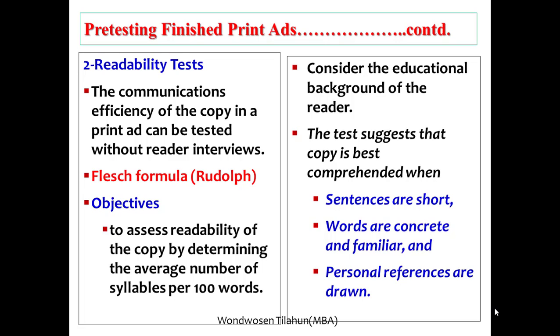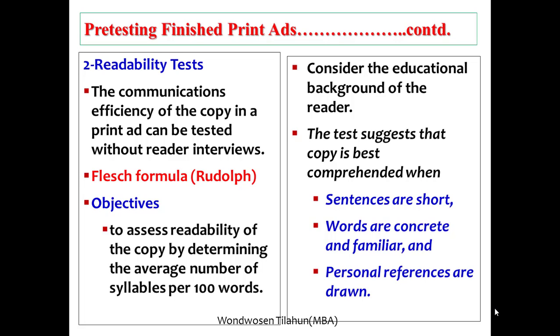Its objective is just to assess the readability of the copy by determining the average number of syllables per 100 words. Simply, we measure the effectiveness of our message, which means our print message, in terms of the length of sentences and the types of words we use.